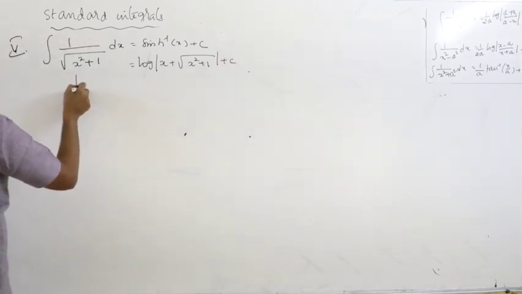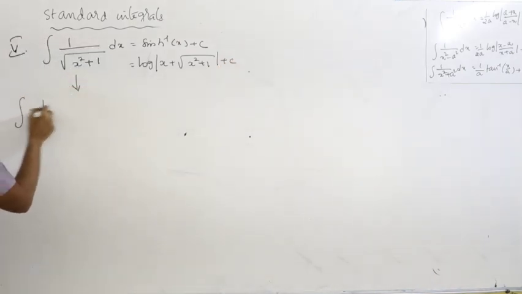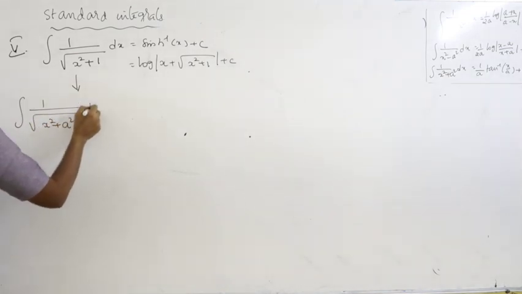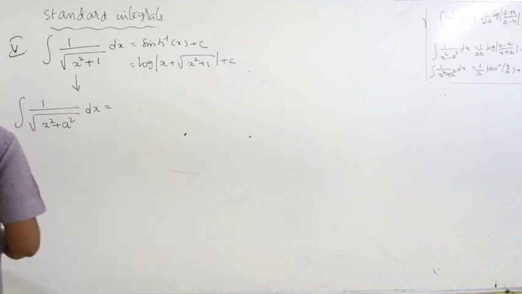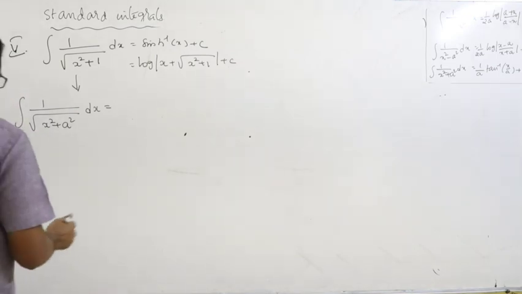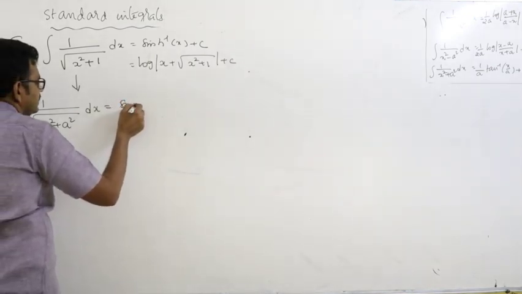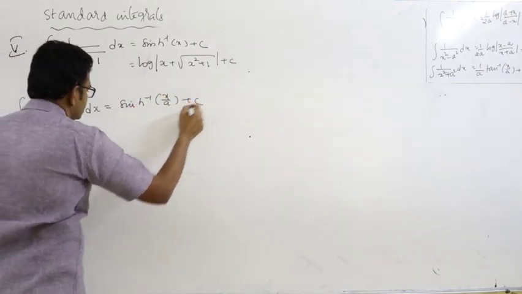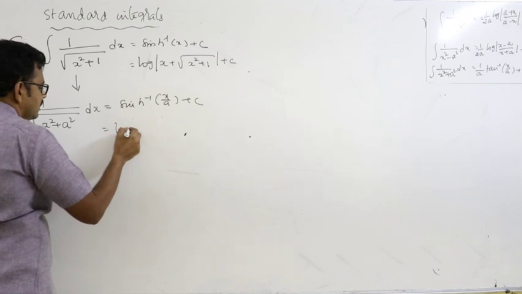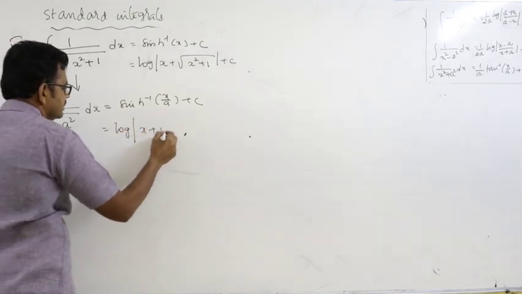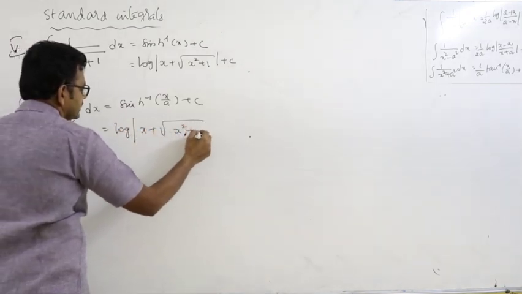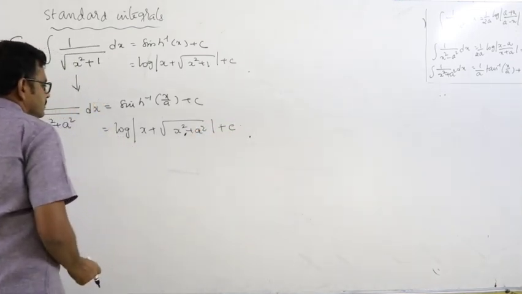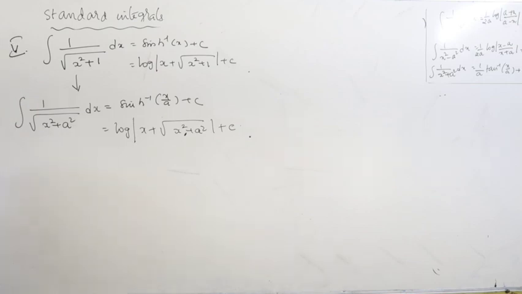For this continuation, integral 1 by root of x square plus a square dx is equal to sin h inverse of x by a plus c, or log of mod x plus root of x square plus a square plus c, where x belongs to R, real numbers.